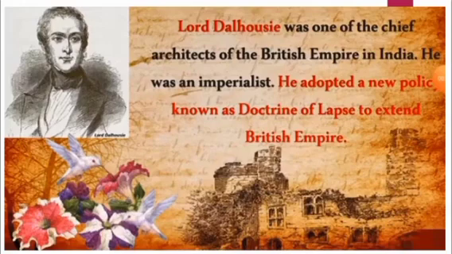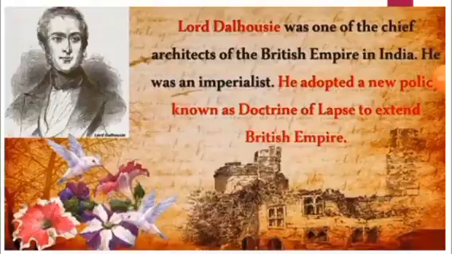So Lord Dalhousie was an imperialist. He adopted a new policy known as the doctrine of lapse to extend the British Empire. So who introduced the doctrine of lapse? Lord Dalhousie introduced the doctrine of lapse.